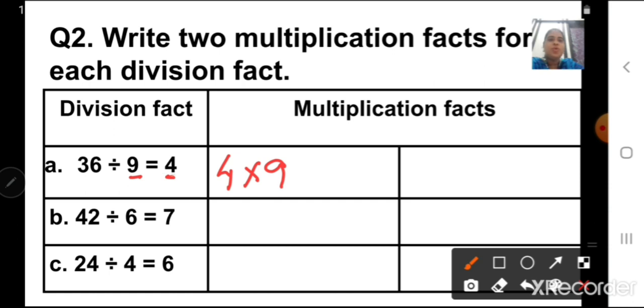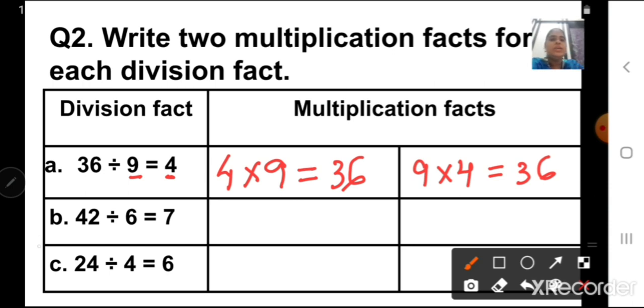So it is the quotient multiplied by the divisor. What will be the answer? 36. Correct children? 4 nines is 36. Likewise, we can interchange the numbers here, the factors. So 9 into 4 is equal to 36.